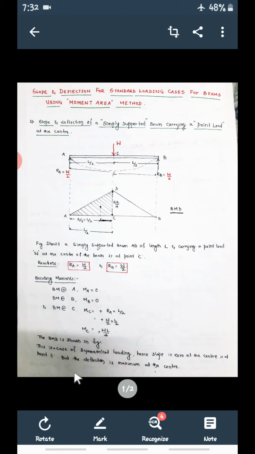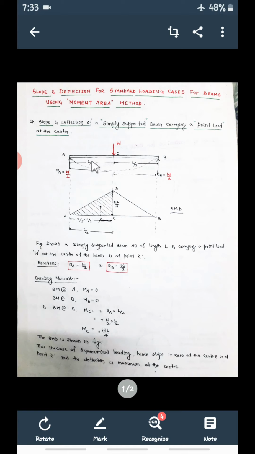Okay, so this is the case of what? Symmetrical loading. Hence slope is 0 at the center. Now see, if you draw a tangent at this point, the tangent will be like this. So there will be no angle. The slope will be 0 at center. So slope will be 0 at center, but slope is there at A, slope is there at B. Hence slope is 0 at the center, that is at point C, but the deflection is maximum at the center.